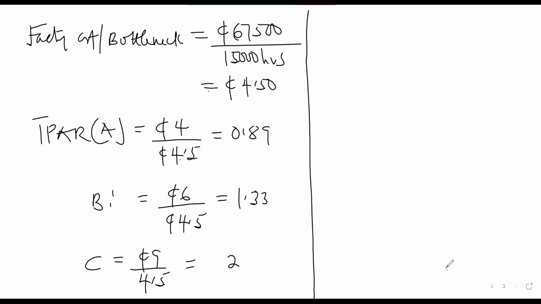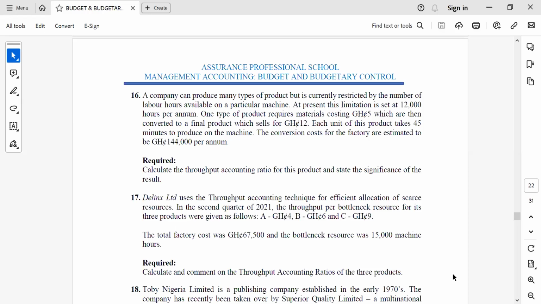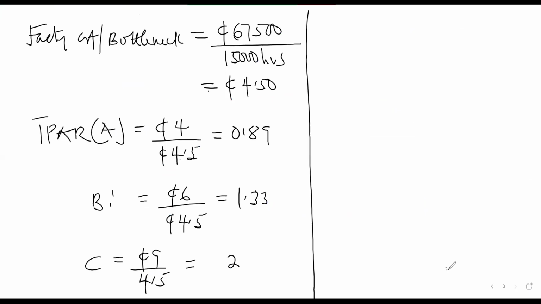Assuming they are asking you to allocate, okay, what are they saying? They say you should calculate and do what? Let's look at what they are saying. Okay, they say you should calculate and comment on the throughput accounting ratio of the 3 products. So which of the 3 products are going to be giving us a higher return?